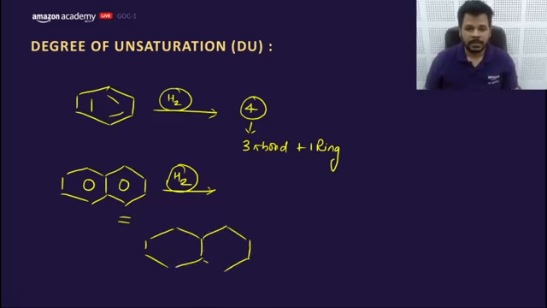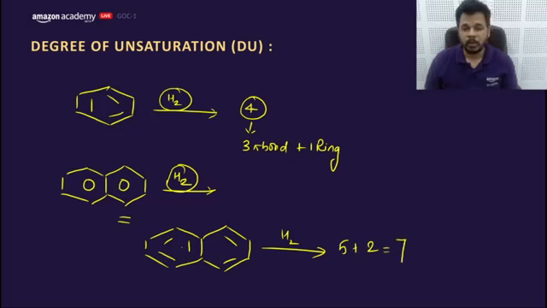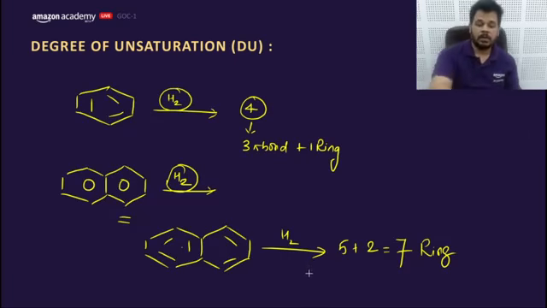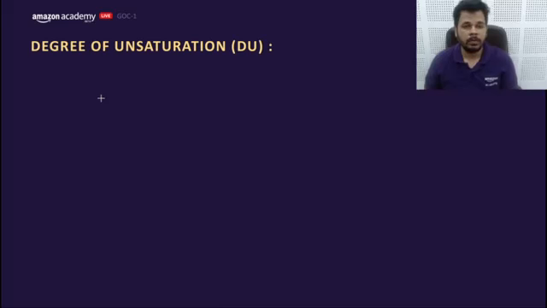Firstly, let's draw it in the other way. If I do it like that, you can easily find out that the number of pi bonds is 5 and the number of rings is 2. That means overall together 7. DU would be 7. So you need to draw the pi bonds, then only you can answer.